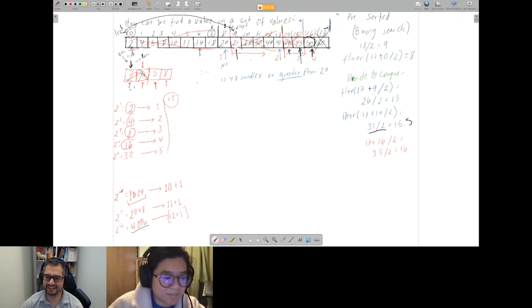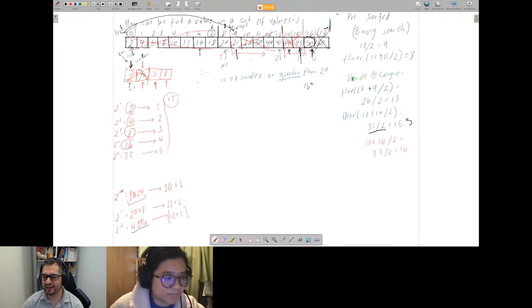So I'm like, oh, I am supposed to look back in here, but I already eliminated this, so I know it's not there. So where would 48 go? It will go right here, right? It will go on position 16.